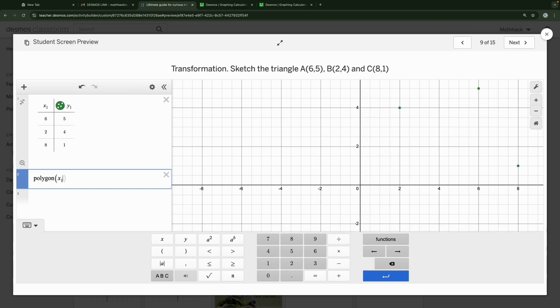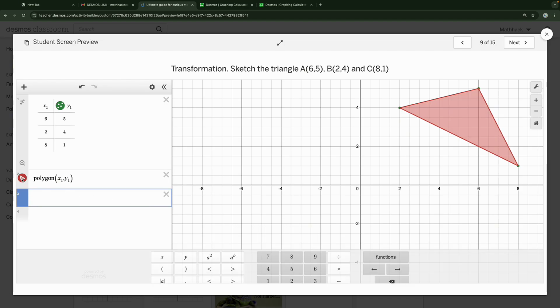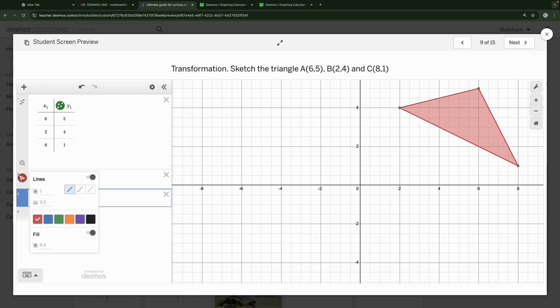Then we plug in x1 and y1, and that joins the lines. You can type it in and it will give it to you. You can change the color if you want to, or make it disappear. You can change the color to green, blue, anything that you want, just by clicking for a long period of time.